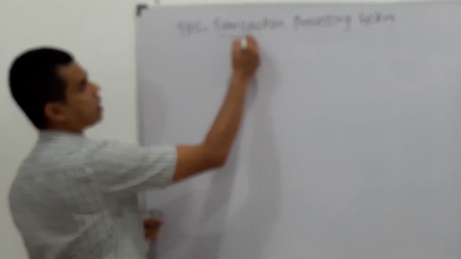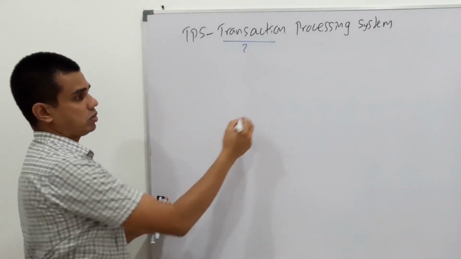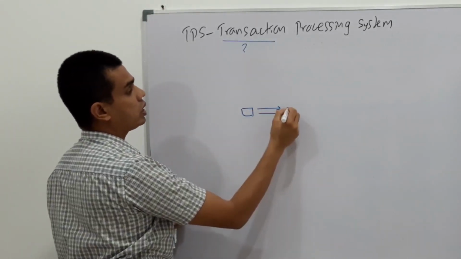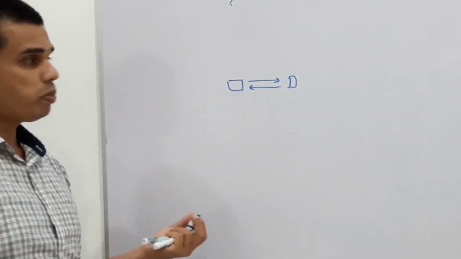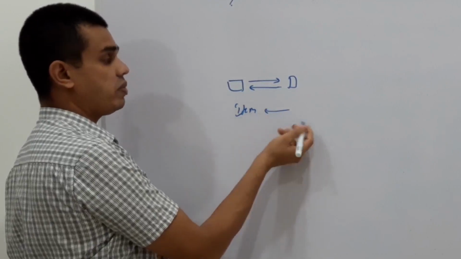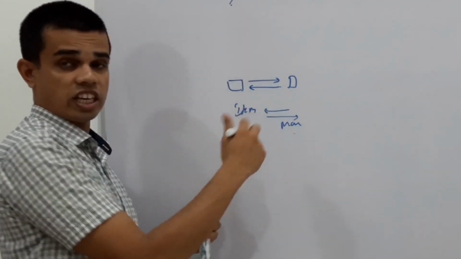TPS, transaction processing system. What is a transaction? Simply, a transaction means between two parties, one gives something and from the other party gets something. Simply, in a shop we purchase items, we get items, but we give money. Transaction, exchanging.